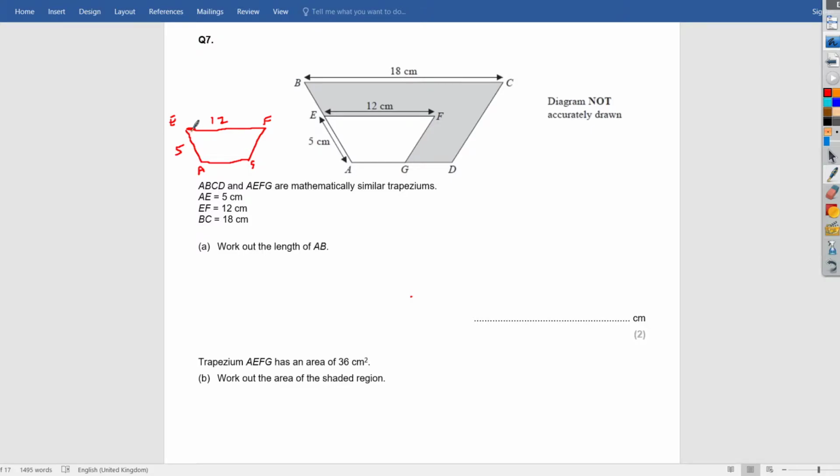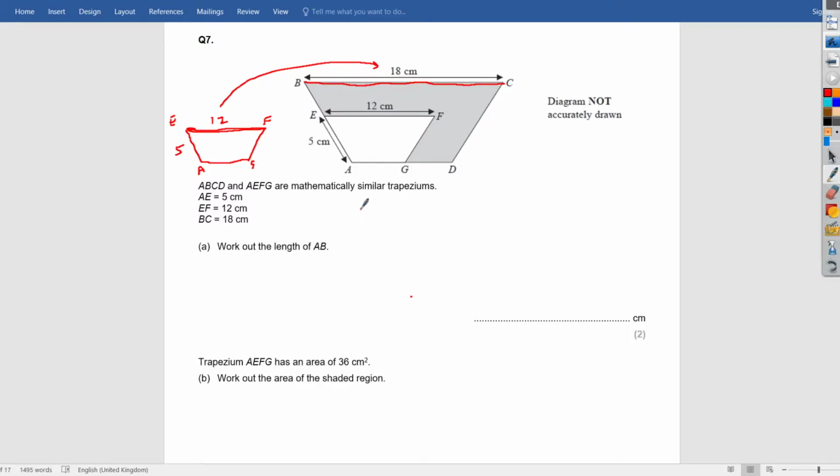All we need is a corresponding side to find the scale factor, so this side corresponds to the side B to C, okay, so that's gone from 12 to 18. So we need to look at the scale factor, what do we multiply 12 by to get to 18.